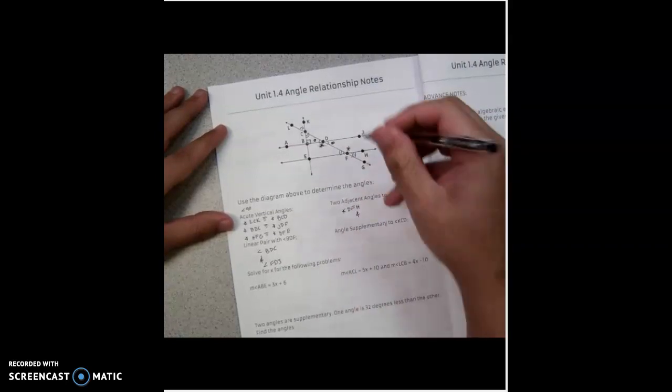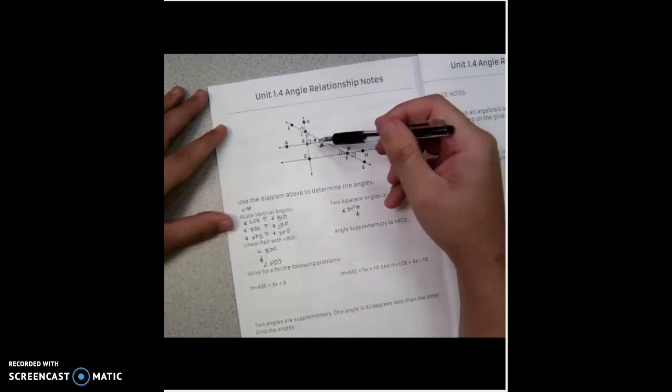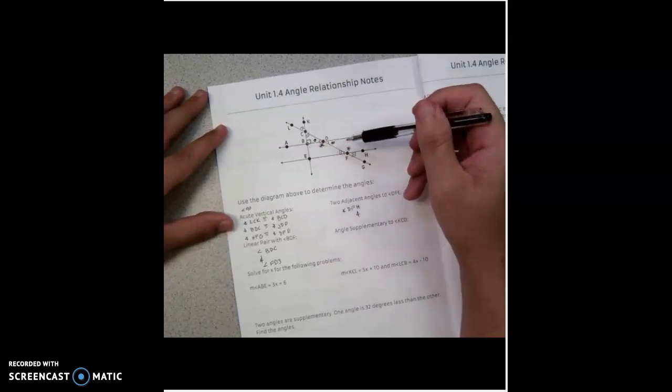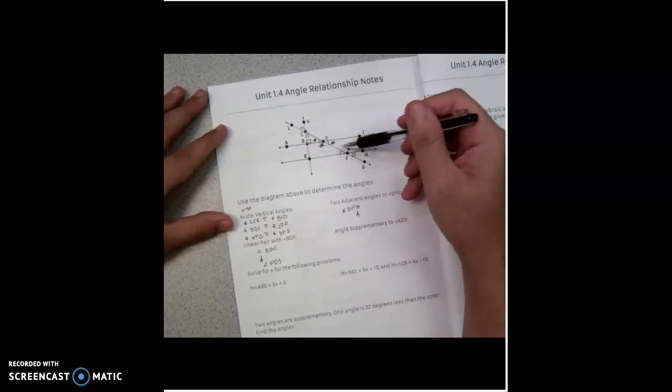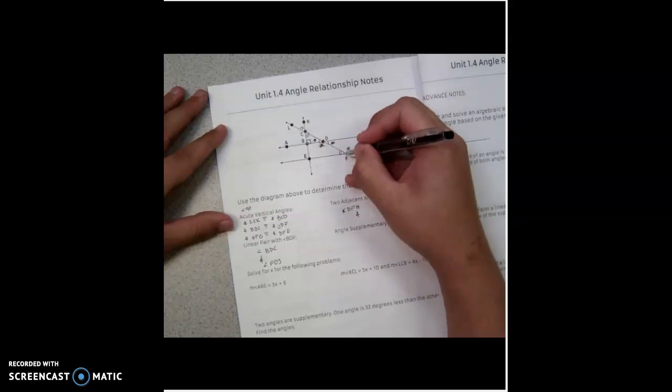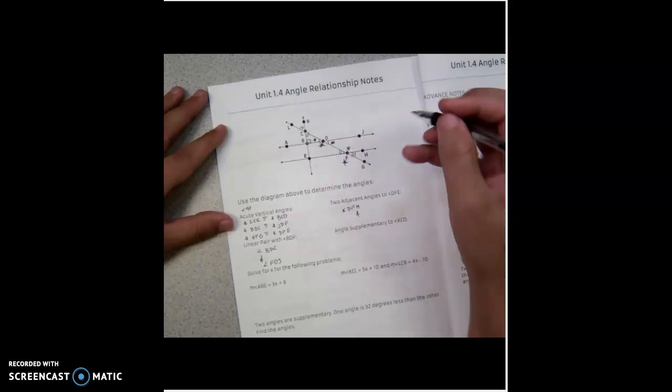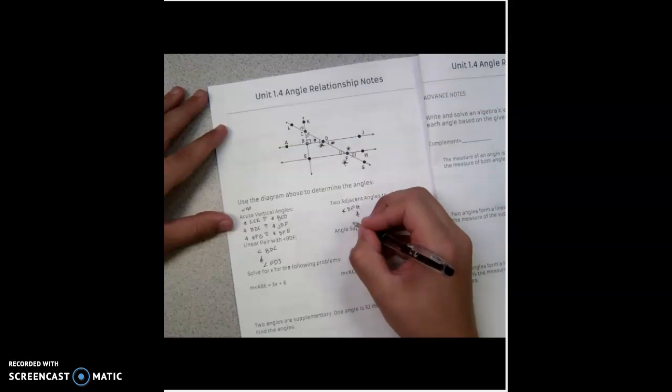And if we look here again, we're looking at DFE. So our other adjacent angle would be right here, okay, which is EFG.